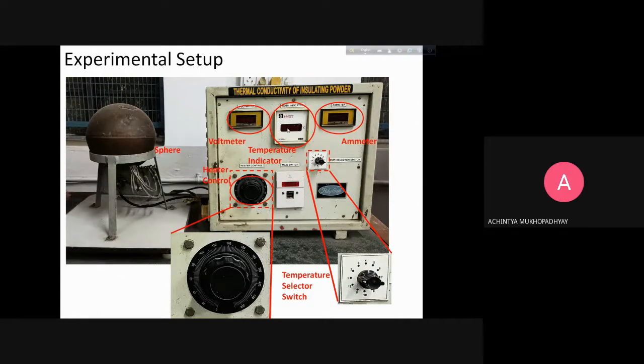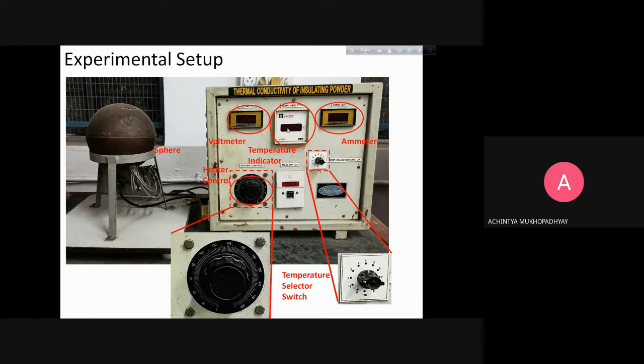Initially there will be a very fast change in the temperature indicator reading. Then gradually the changes will become slow, and finally there will be no change at all. You will see that the temperature remains practically constant.